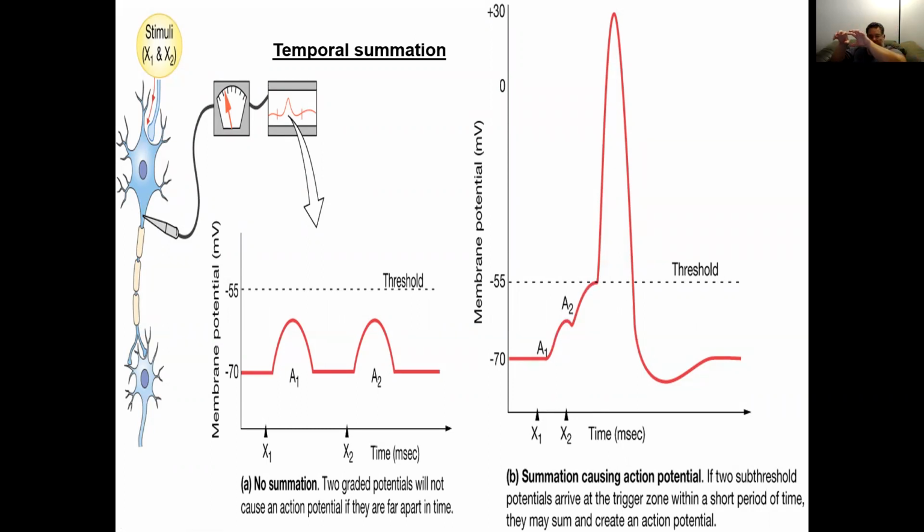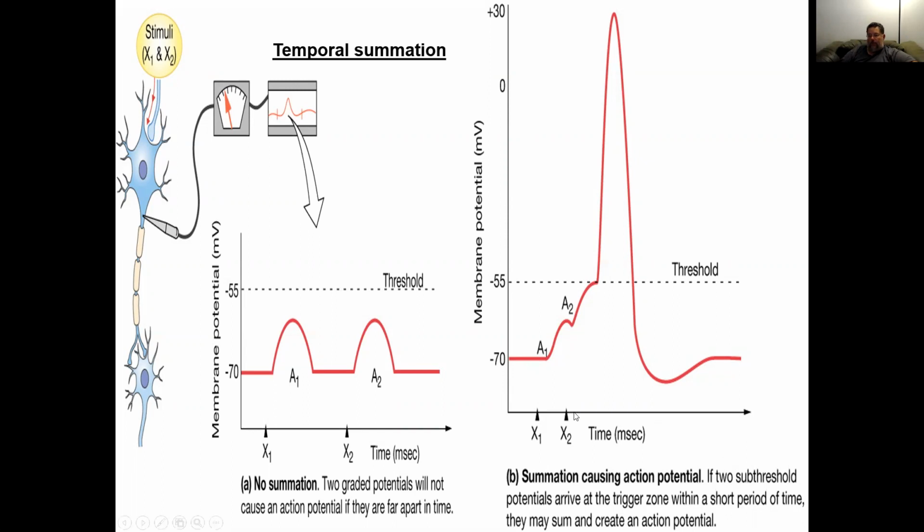When they get to the trigger zone, they're actually above threshold. And when they're above threshold, it causes all the sodium channels in the axon hillock to open up and send that action potential down the axon.